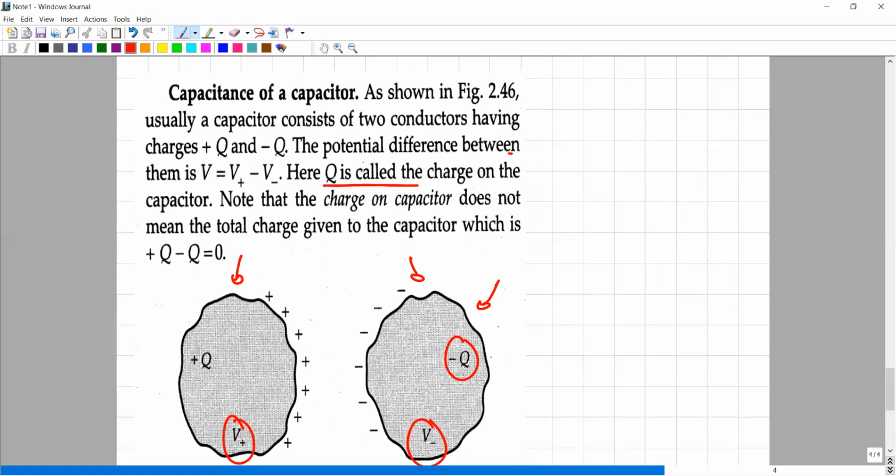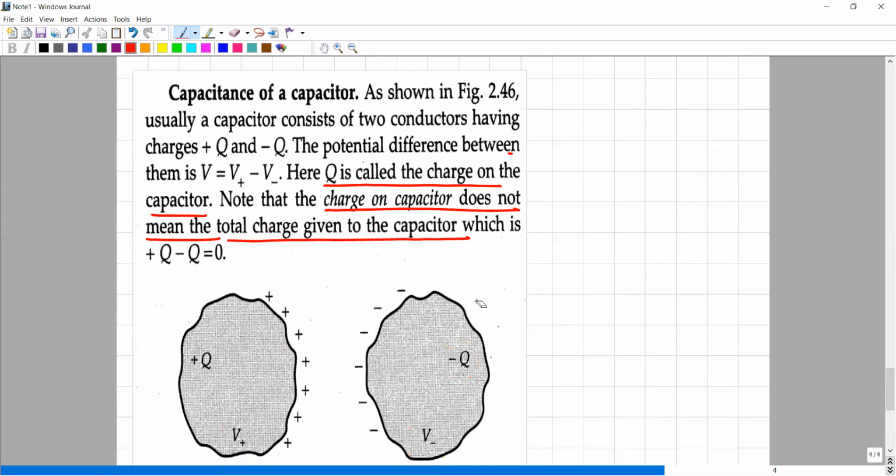Here Q is the charge on the capacitor, and note that the charge on the capacitor does not mean the total charge given to the capacitor. That means if I ask you what is the charge on the capacitor, it does not mean plus Q and then minus Q, because if you do plus Q minus Q, you are always going to get zero.